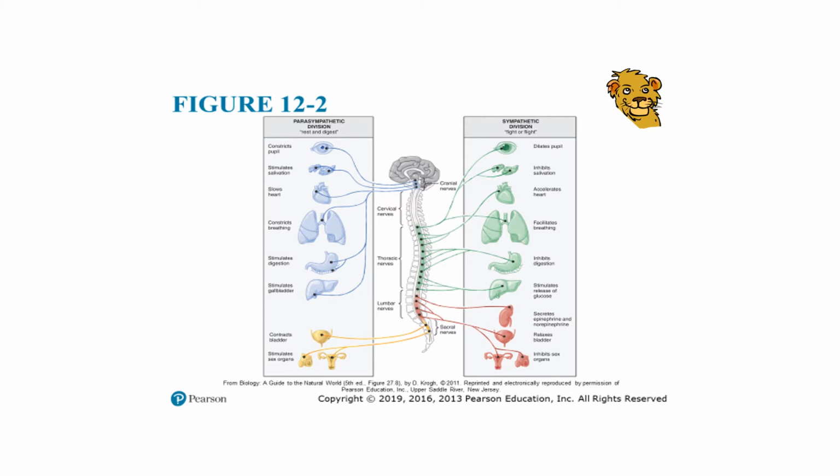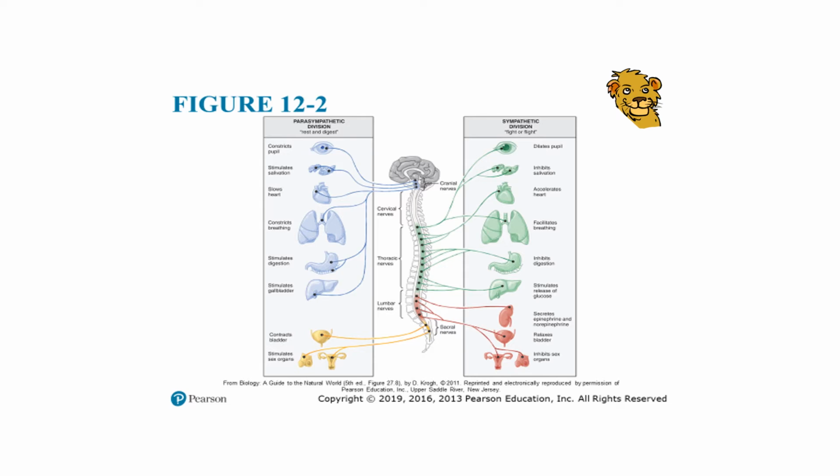It activates the heart to increase contractility and heart rate. And remember, the neurotransmitter is norepinephrine at the receptor site. It bronchodilates the bronchial tubes, making them much wider for more airflow in and out.